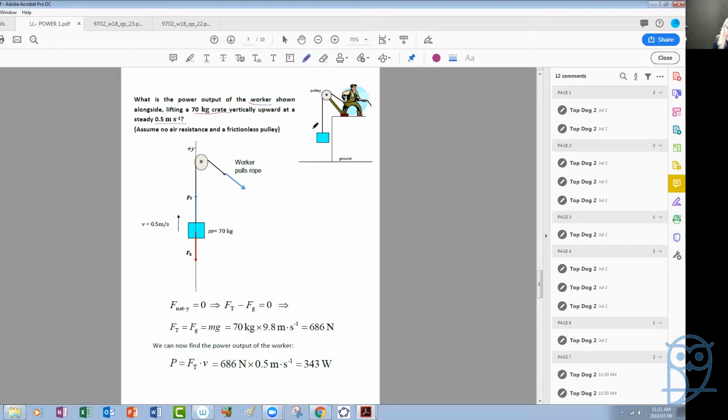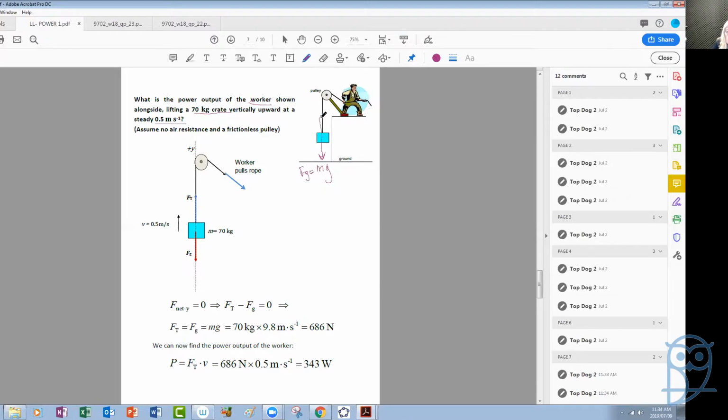So the first thing we do is draw the forces acting on this crate. Here I have drawn the forces already, but to do it from the beginning, obviously there is a weight acting on the crate, mg. The weight of the crate, mg. Here I have it as force of gravity, same thing. And what other force acts on it?